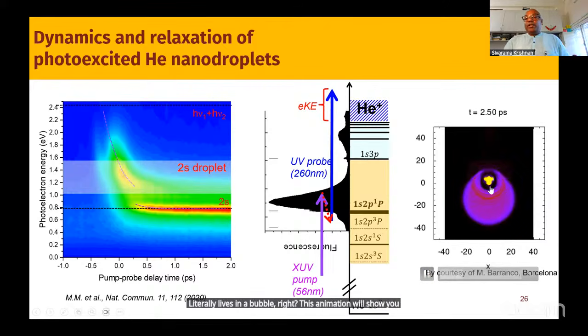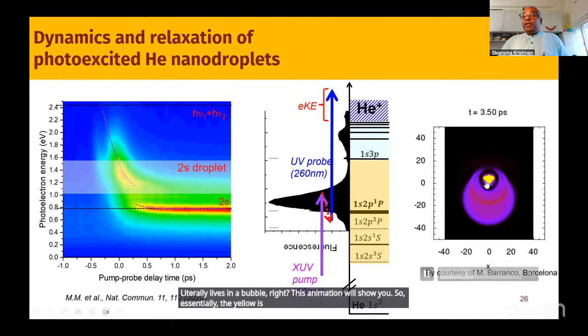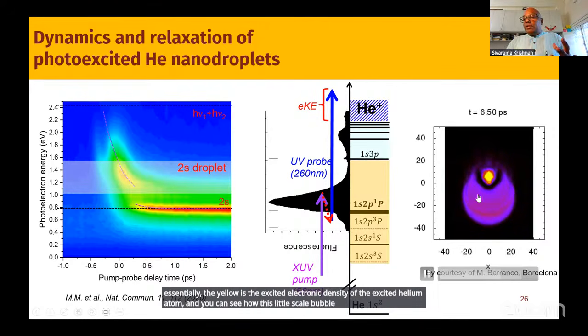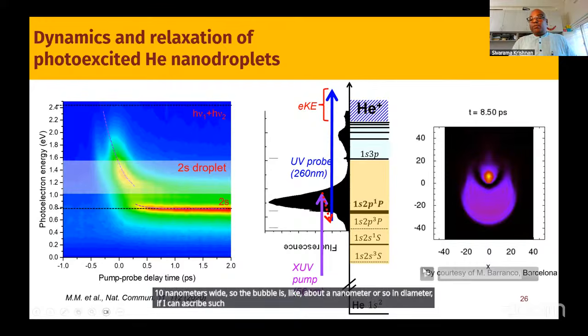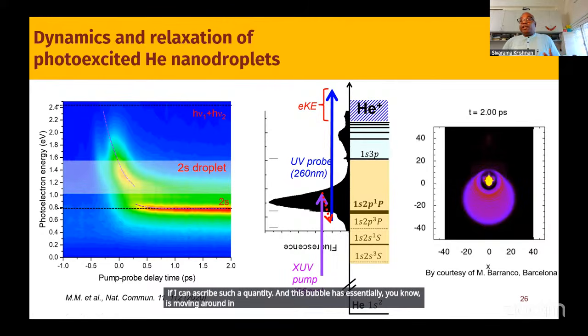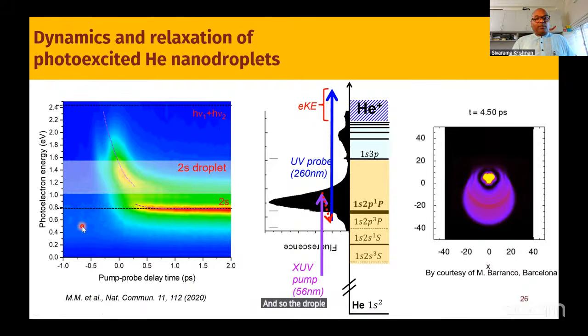The yellow is the excited electronic density of the excited helium atom, and you can see how this nanoscale bubble moves. The droplet itself is about 10 nanometers wide, so the bubble is about a nanometer or so in diameter, if I can ascribe such a quantity. This bubble is moving around in the superfluid and doing very interesting dynamics inside the droplet. The greater details of this work can be found in this Nature Communications paper in 2020.